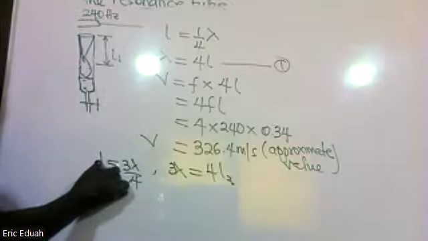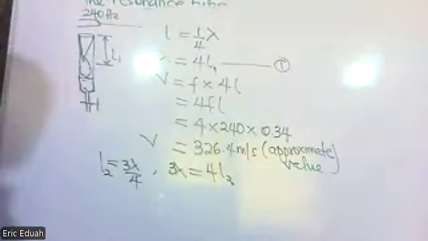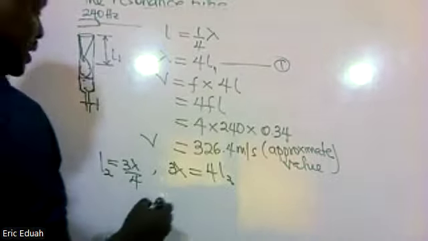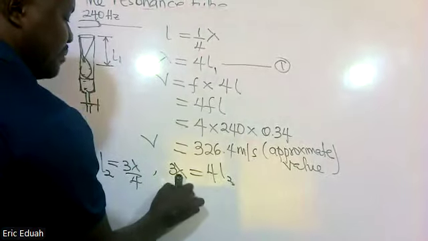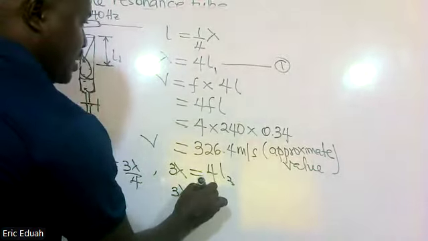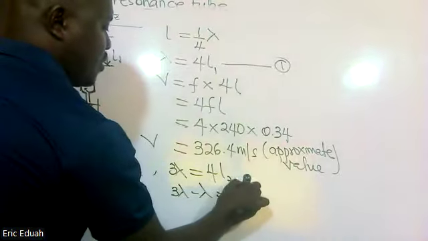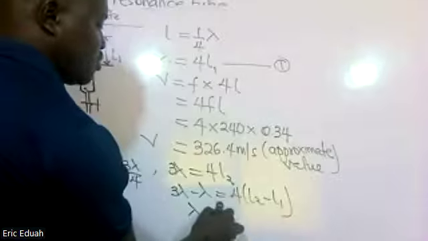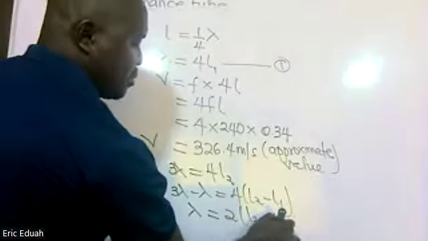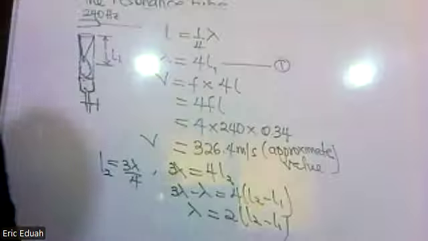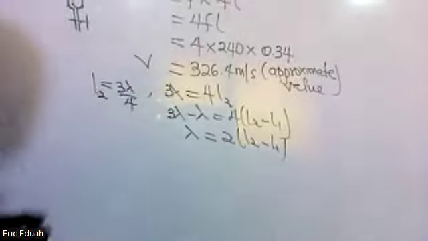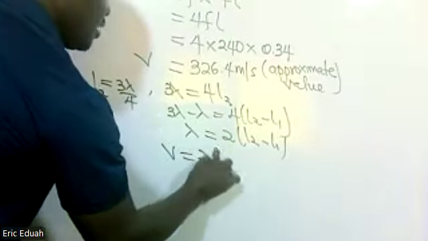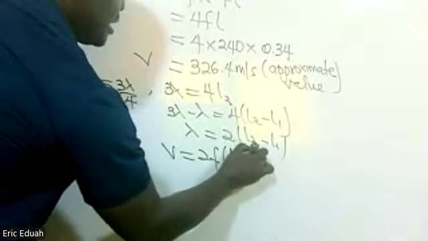This is L2, this is L1. So as the relation, we obtain 3 lambda minus lambda will be equal to 4L2 minus L1. Therefore, lambda will be equal to 2 times L2 minus L1. And if this is it, then V is equal to 2F times L2 minus L1.